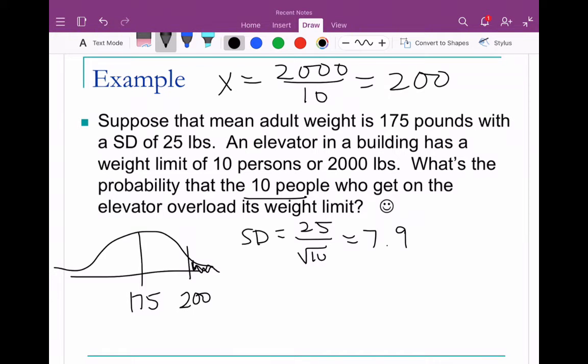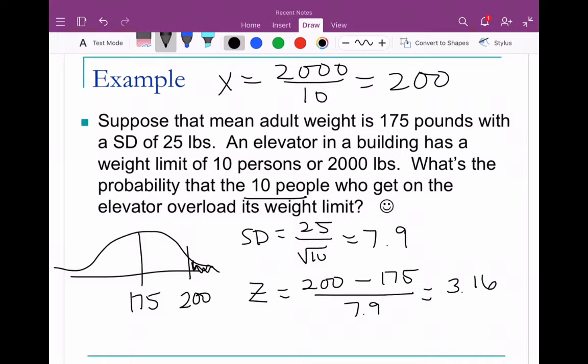So then we calculate a z-score. Our z-score would be our observed value of 200 minus our mean, 175, divided by our standard deviation. And in this case, we end up with 3.16, which automatically, because the z-score is above 3, should send up a red flag saying that we are most likely not going to see this happen.